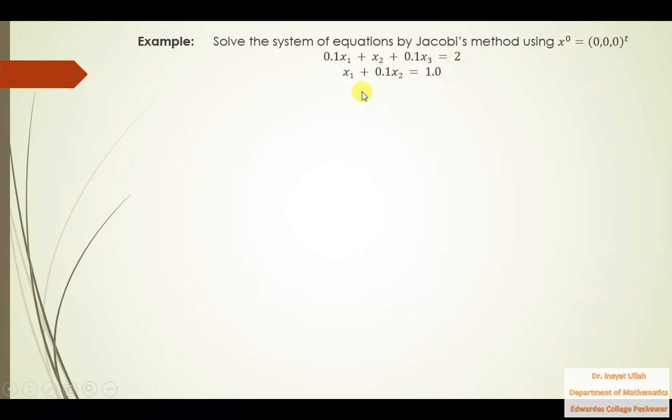The second equation is x1 plus 0.1 into x2 is 1.0, and the third equation is 0.1 into x2 plus x3 is equal to 3. It is asked that we perform 4 iterations, so we need to perform 4 iterations.